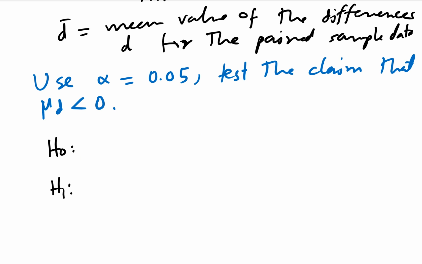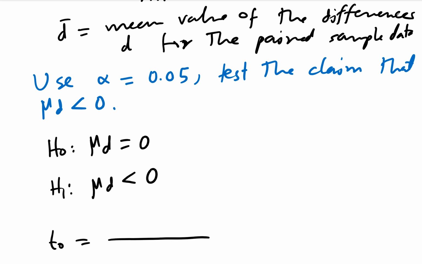The null hypothesis is that mu1 minus mu2 is 0, or mu d is 0. And given mu d is less than 0 for the alternative hypothesis. So we need to find t sub 0, the critical value, which is d bar minus mu sub d over sd divided by the square root of n.